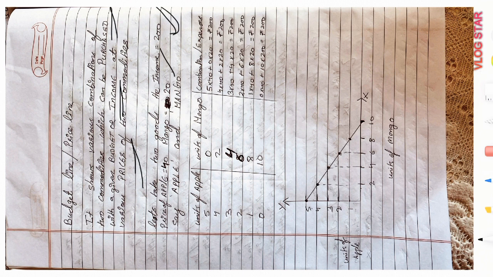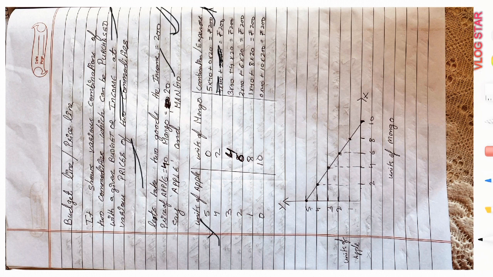So if a consumer consumes 5 units of apple, 5 into 40, and 0 units of mango. Why 0? Because he doesn't have money left, so that is giving him 200. His money is getting over when he consumes the maximum units of apple. When he consumes 5, that is the maximum units of apple, he has to consume 0 units of mango. At that time his income is getting over. He doesn't have any income left.